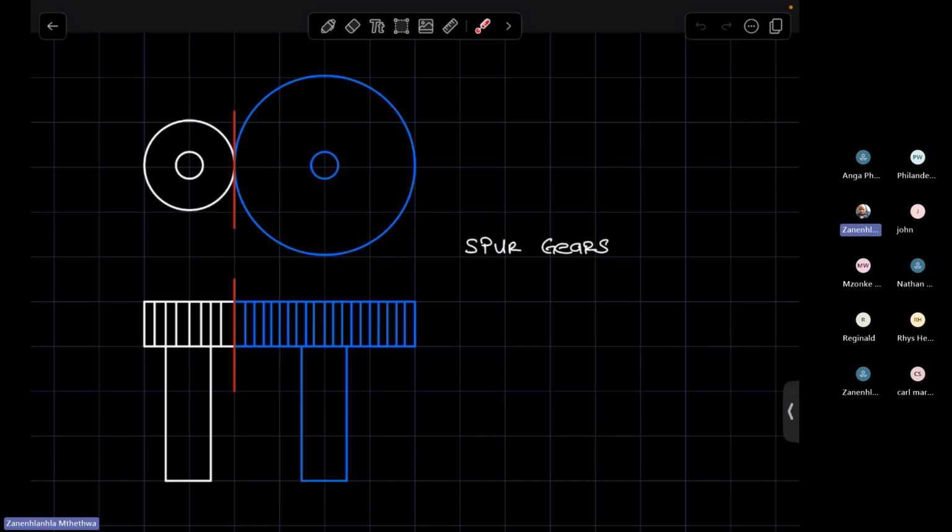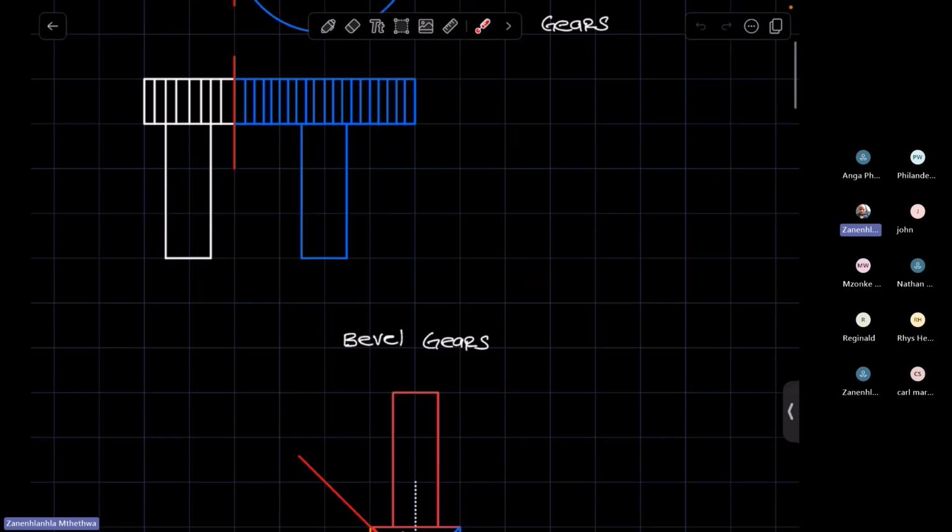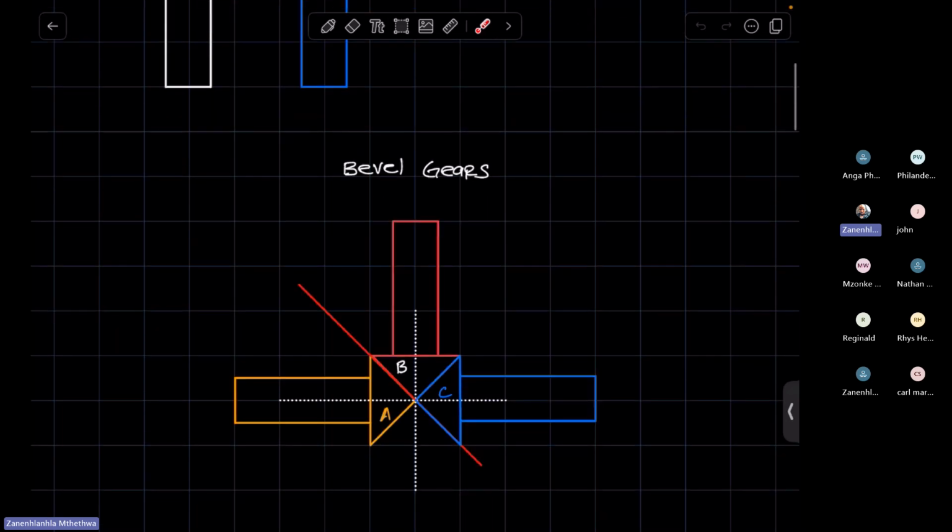So if you have to design a system where the shafts have to be parallel to each other, then we make use of what? Of spur gears. But if you design a system where the shafts essentially have to be perpendicular to each other, we then instead make use of bevel gears.